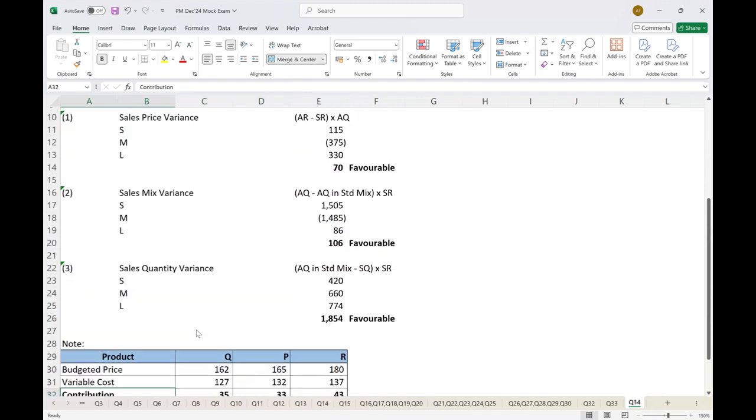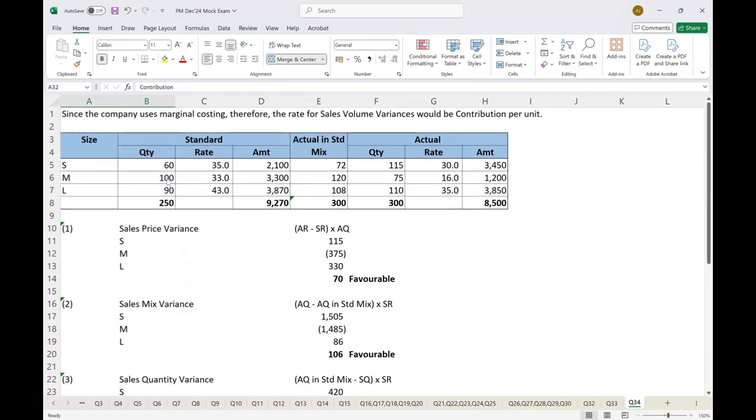Now I just go up and link it. Please link wherever possible. Do not type the numbers if something is already calculated on the screen. So 35, 33 and 43. So that gives us a standard amount, quantity multiplied with rate, that is 2100, 3300 and 3870.